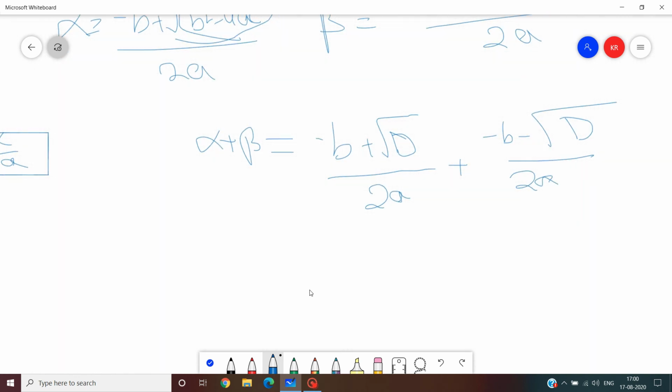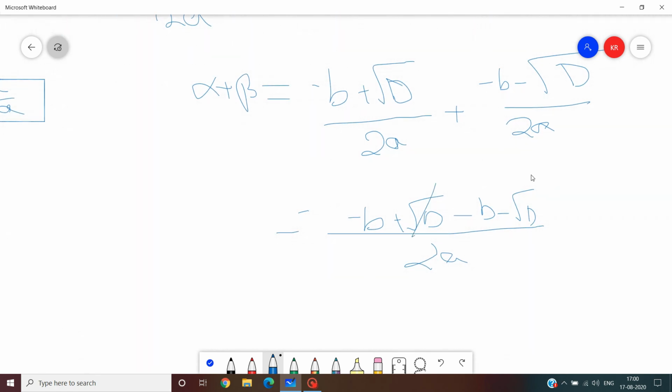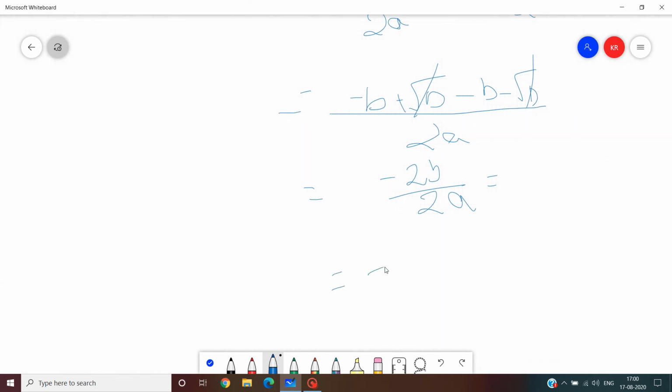We have the same denominator, so we can add the numerators without any restrictions. So here minus b plus root over capital D minus b minus root over D. Here plus and minus will get cancelled, and we'll get minus 2b by 2a, that will be minus b by a.